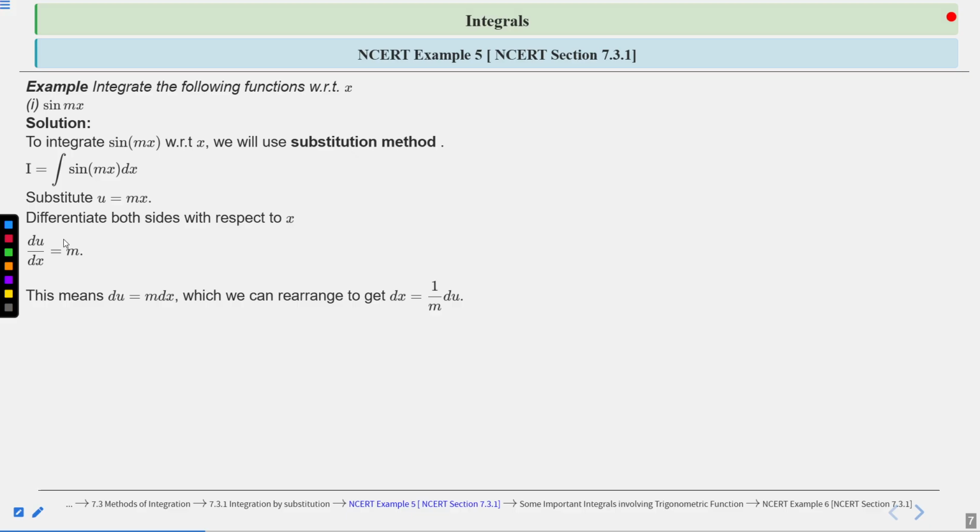Now substitute mx is equal to u and dx is equal to 1 upon m du into I is equal to integration of sine mx dx. Clear?